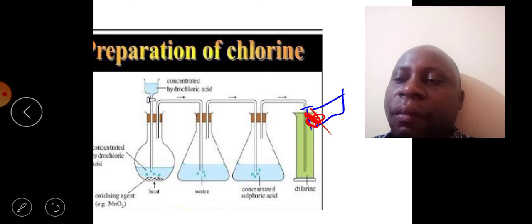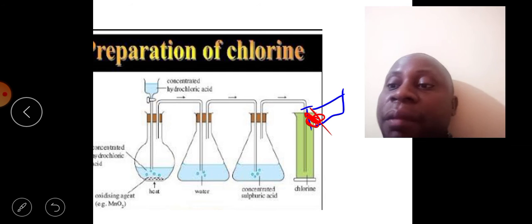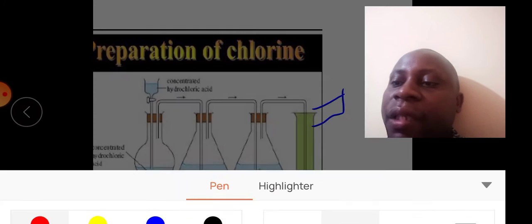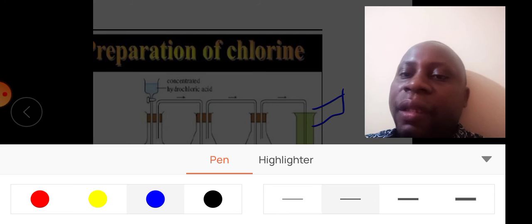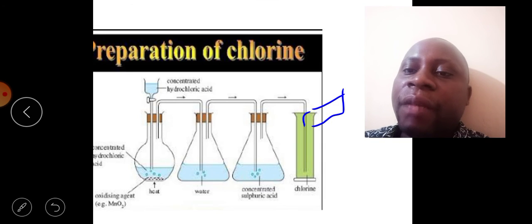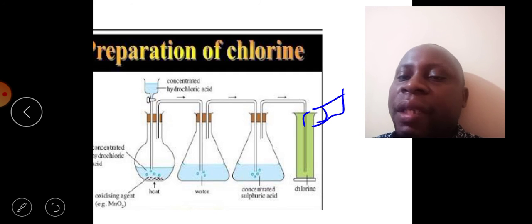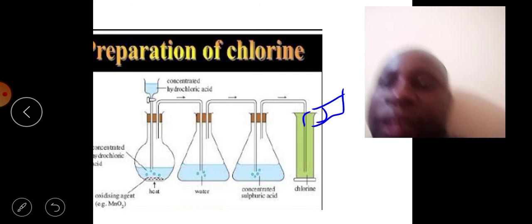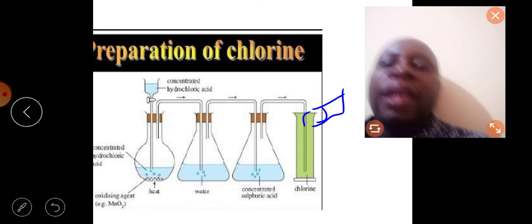But after some time, it is bleached again, meaning that it will turn to white. Is it clear? We shall see diagrammatically later. So this confirms that the gas which is being collected there is chlorine gas.